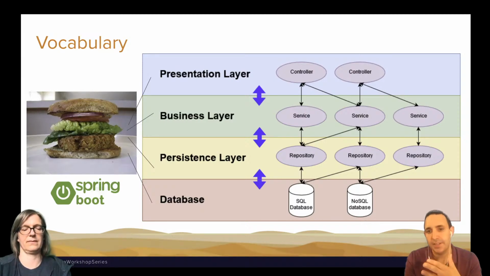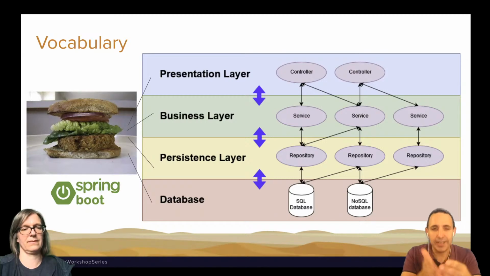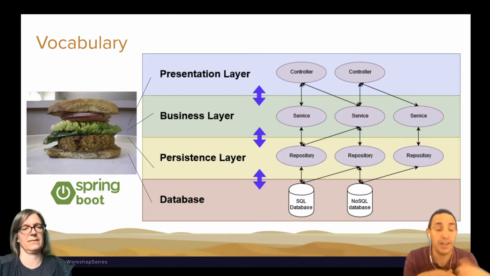The business layer is services, and sometimes you also find DTO, for data transfer object, because objects related to the database could be annotated to work with the database, but you don't want to expose the same object to your final client. You want to do some decoupling.